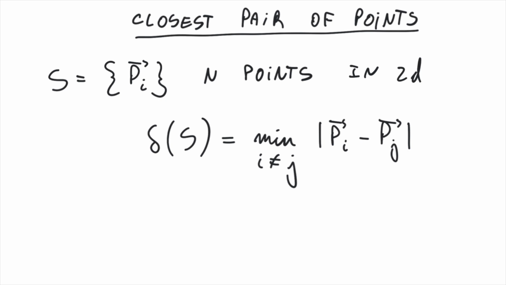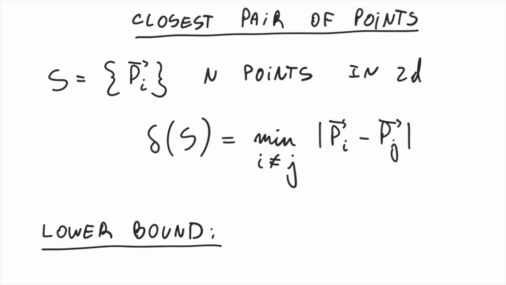And before going on, I should mention there is a lower bound on the complexity for the solution to this problem. This lower bound is given by the element distinctness lower bound, which basically is the same as asking the question, is delta of S equal to 0? So if this question can be answered, we can know whether 2 elements in this set are distinct or not, they are different points or not.